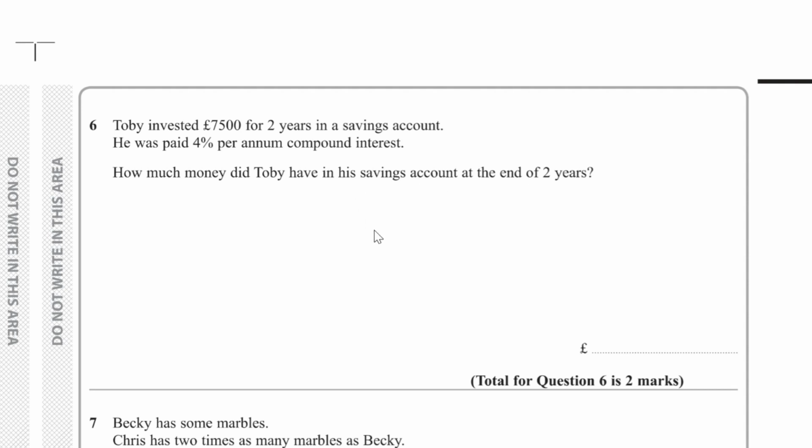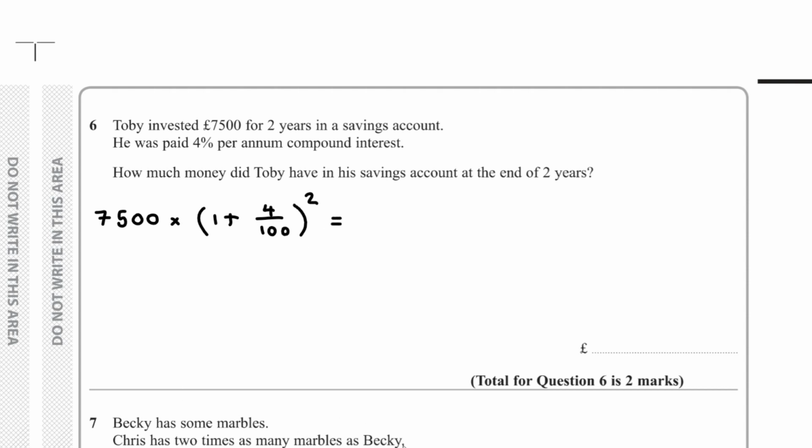Well, here, if the interest rate is 4% per annum and he's investing for 2 years, the total amount of money he has at the end of the 2 years, well, we've got the original amount, which is 7,500, and then we will multiply this by 1 plus 4/100 to the power of 2.